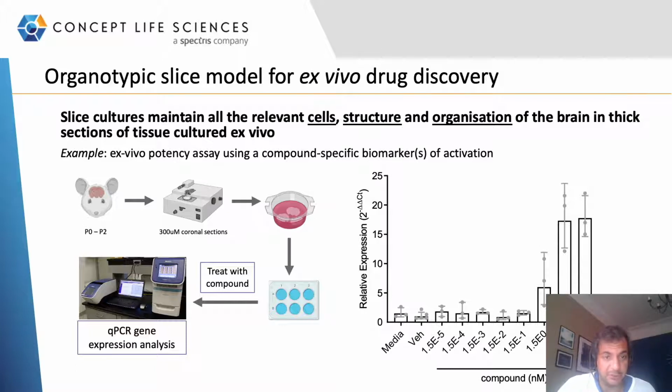We cut about 300 micron thick coronal sections of the brain and kept the cortices in culture and treated them with the compound in a dose-dependent manner. We then collected the slices, isolated RNA, and performed qPCR for the downstream target, and the data is shown here on the right-hand side.